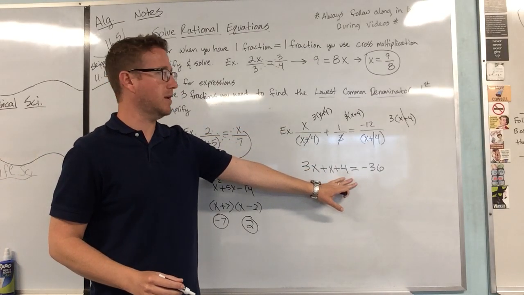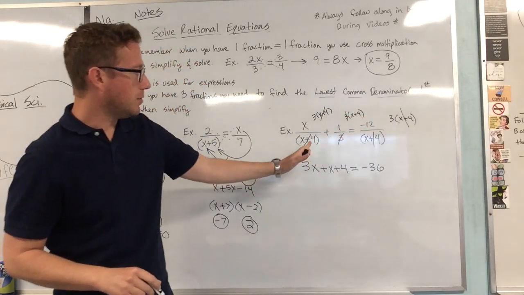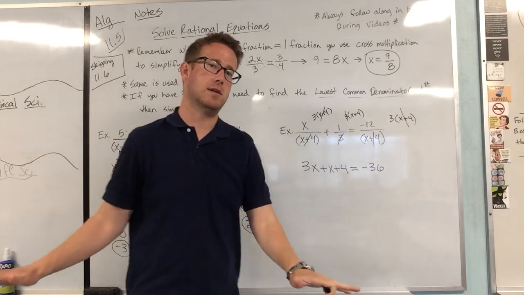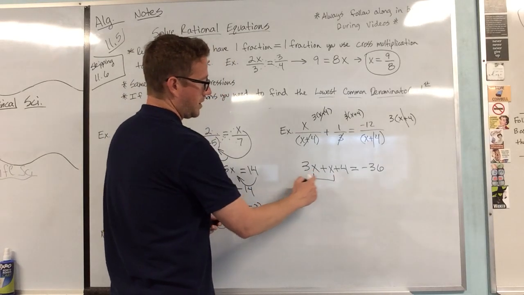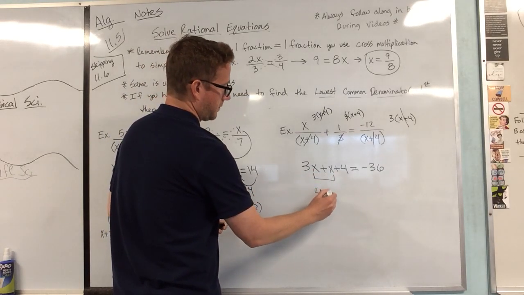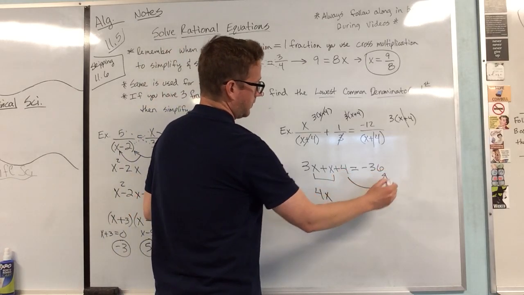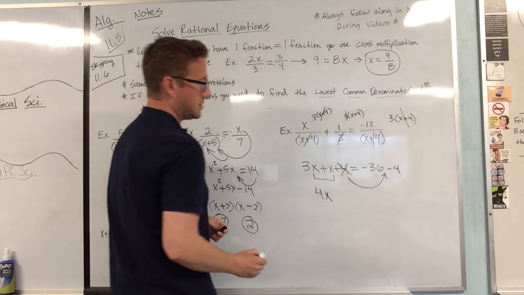Okay? All of this up here simplified down just to this. Really, really helpful in first finding the lowest common denominator, multiply all 3 fractions by it, and that denominator will cross itself out. Now, combine like terms. 3x and x is 4x. Let's take this 4, let's move it over. Minus 4. What's that going to give me?